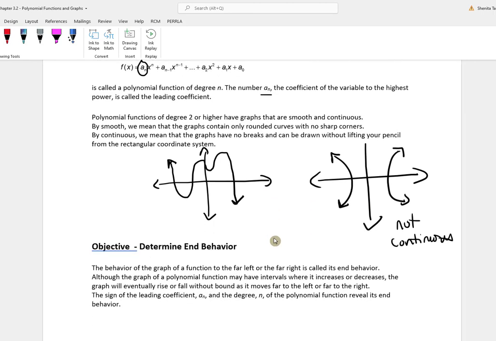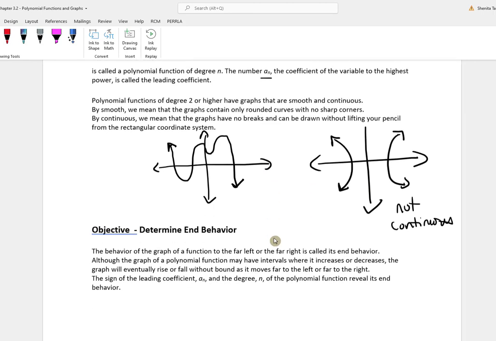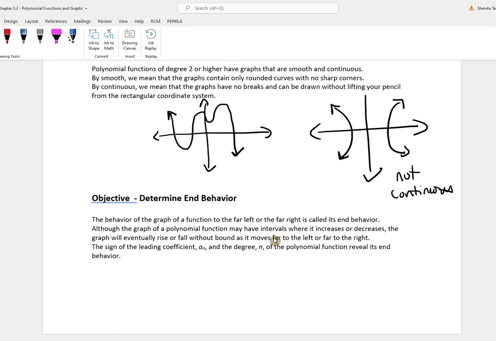Alright, so the next thing we're going to talk about is determining end behavior. The behavior of the graph of a function to the far left or the far right is called the end behavior. Although the graph of a polynomial function may have intervals where it increases or decreases, the graph will eventually rise or fall without bound as it moves far to the left or far to the right.